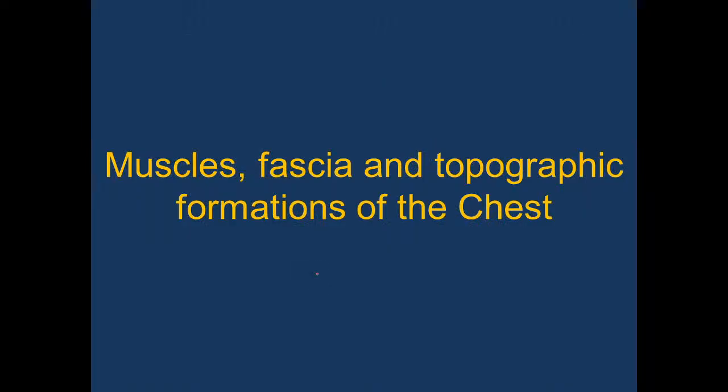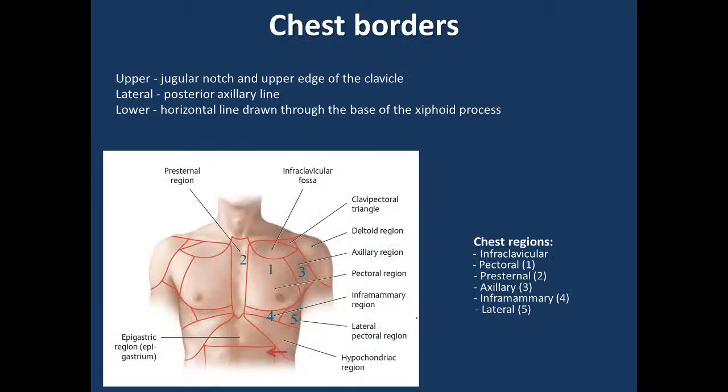Next part of our lecture is the muscles and topographical formation of the chest. Let's see the chest borders. Here you see the line, the upper border of the chest.